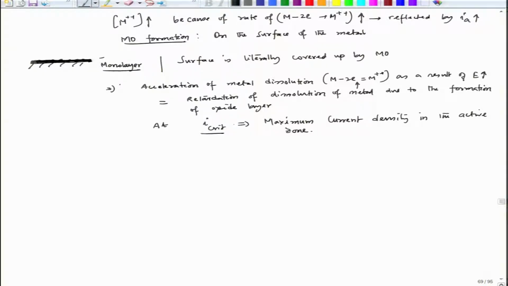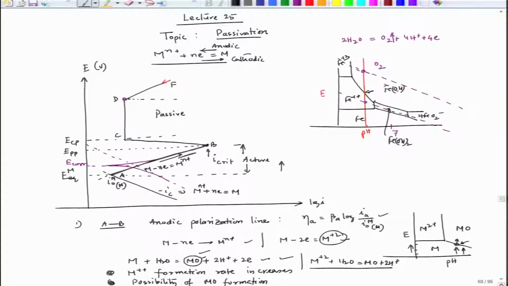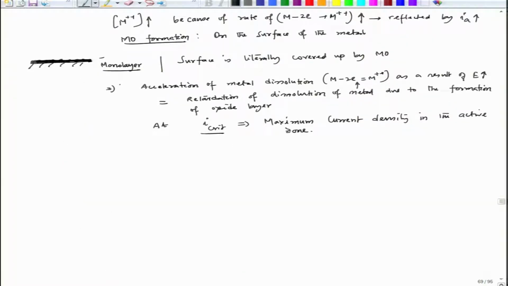After that, since I have crossed this particular boundary point, if the process goes on, I will only have the situation of more and more formation of metal oxide.